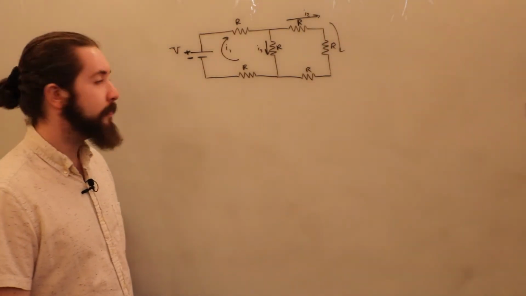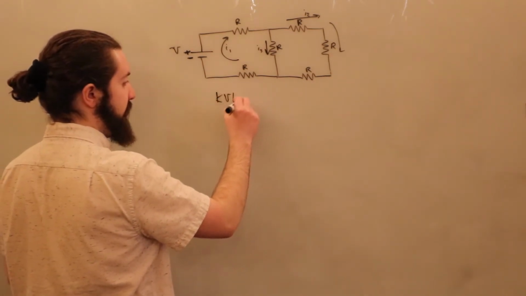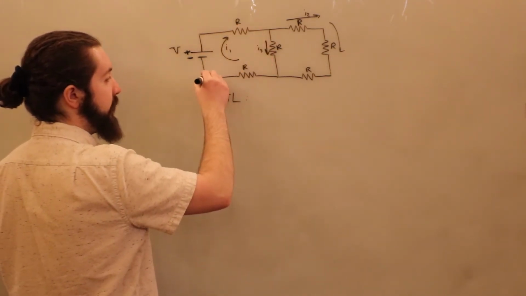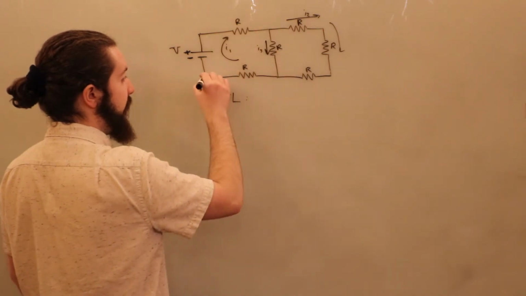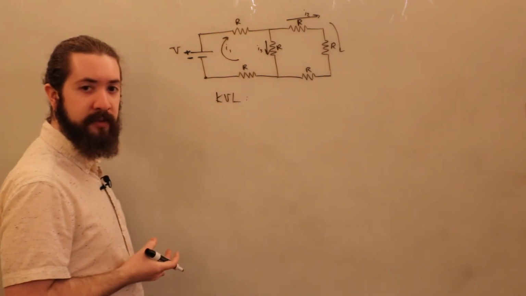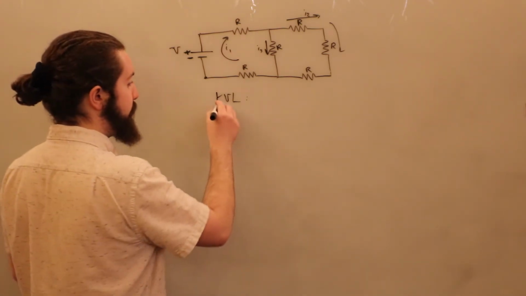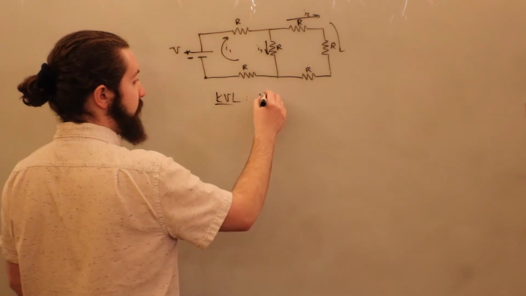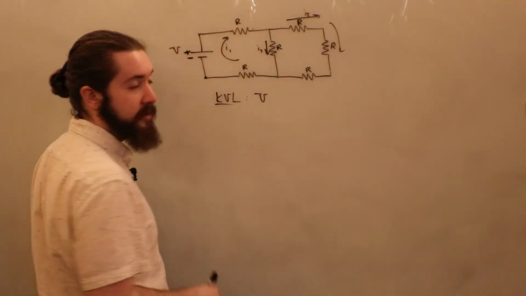Now what do we do? Well, first let's use KVL on this first loop. We're going to start here and we're going to go this direction all the way back to here, and we know that the sum of the potential differences must be 0, assuming conservative field, right? So we start here, then we gain V volts, right? Then we're going to drop across this resistor. By how much?